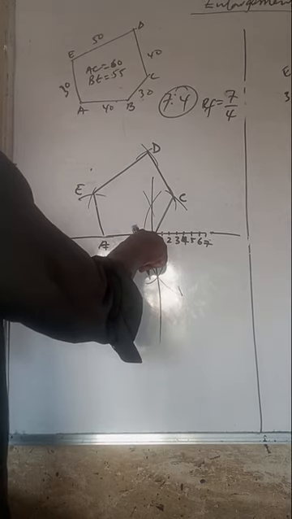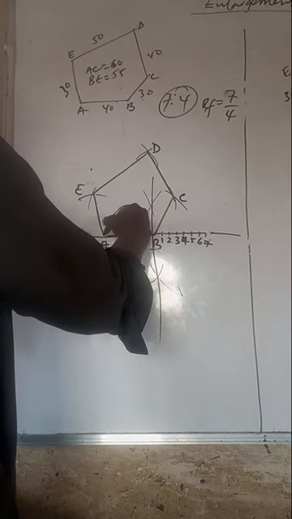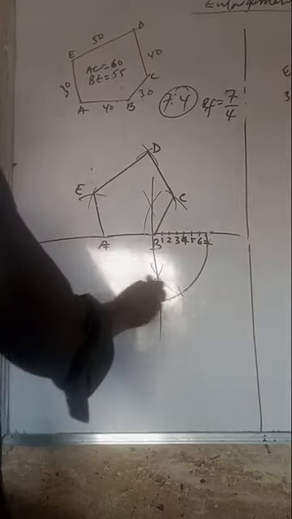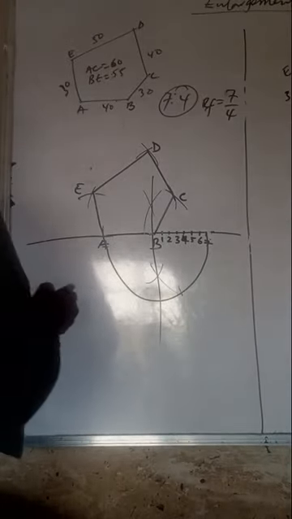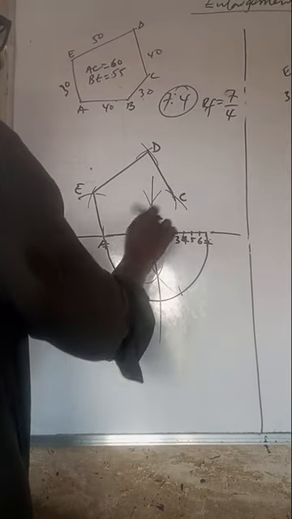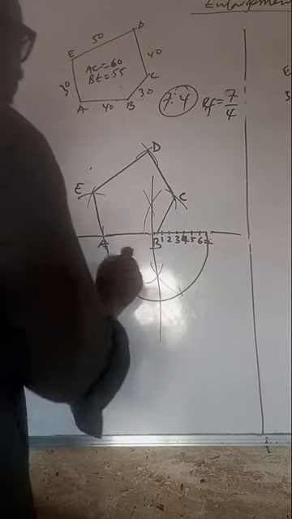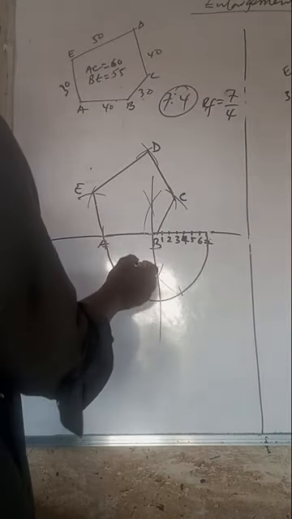You put your compass on that point, extend it to either A or 7, and draw a semicircle. Let's say our B is somewhere here, distinct from the center.